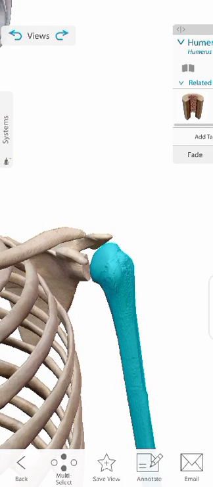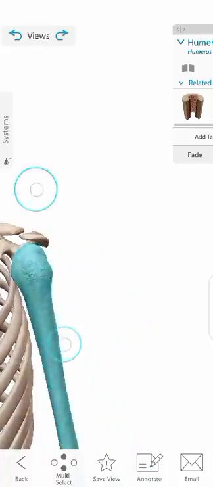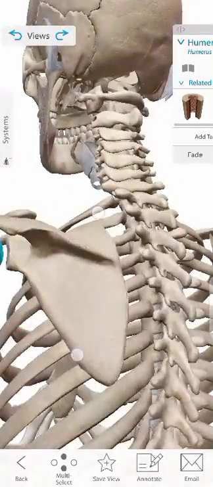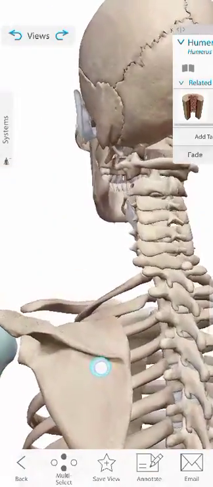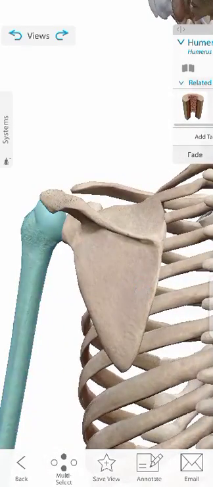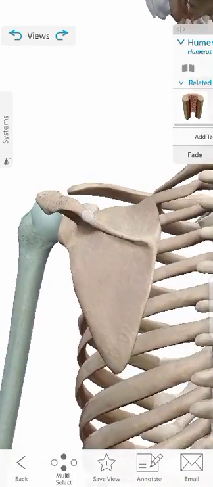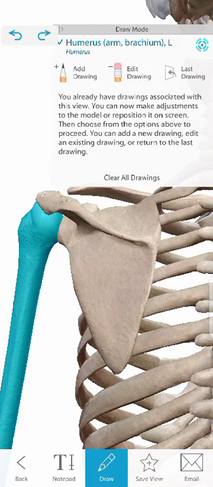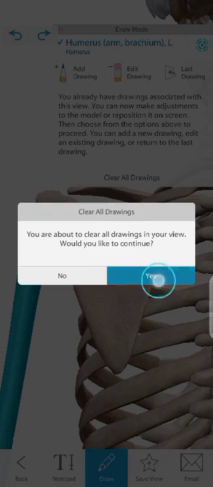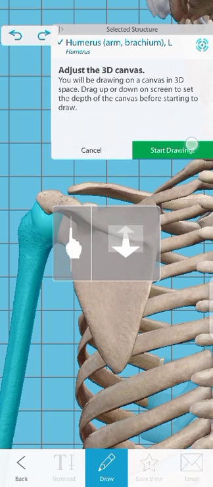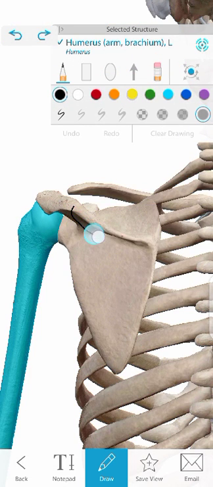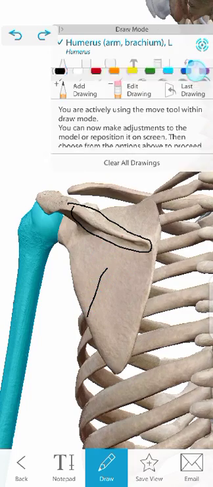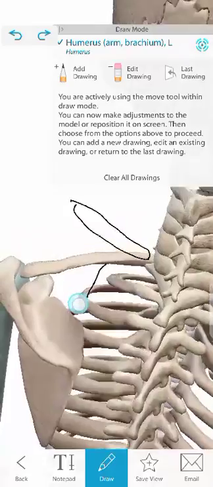And then now the next thing is a spine. The closest spine here is the spine of the scapula. You can see this elevation.